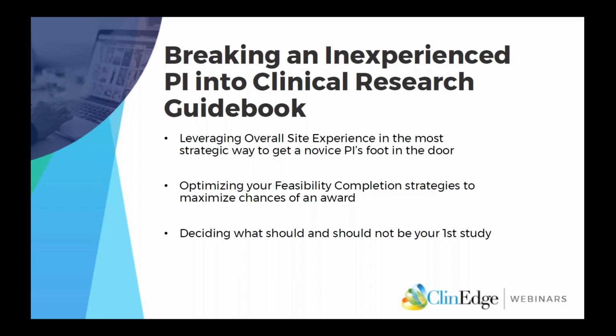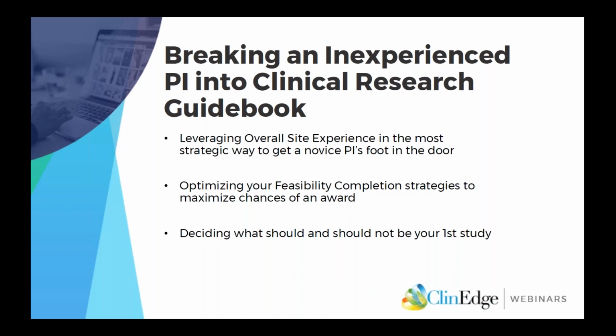The second point, which will piggyback off the site experience, is using your site experience and how you can optimize your feasibility questionnaire completion and maximize the chance of getting an award. Here we'll really go over in detail a few examples, some things to avoid, and some areas that you want to try and improve your feasibility questionnaire completion, especially if you're trying to break a research-naive PI into clinical research.